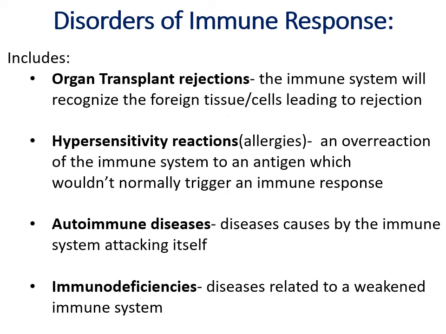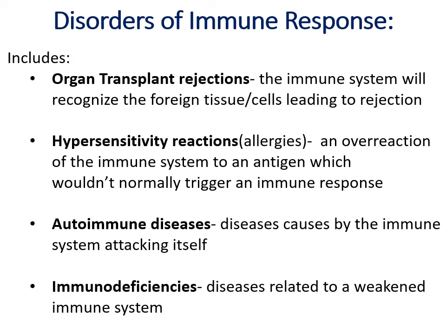Hypersensitivity reactions. Well, these are a group of reactions where the immune system is over-responsive. So an antigen comes in, whether it's a drug or a bacteria, and there's an over-response.